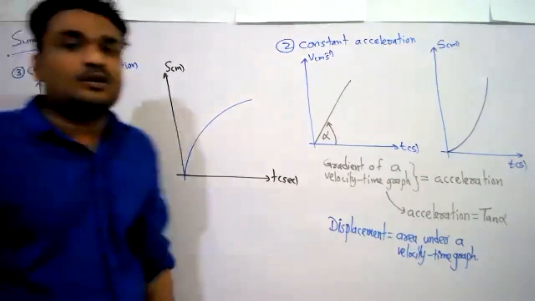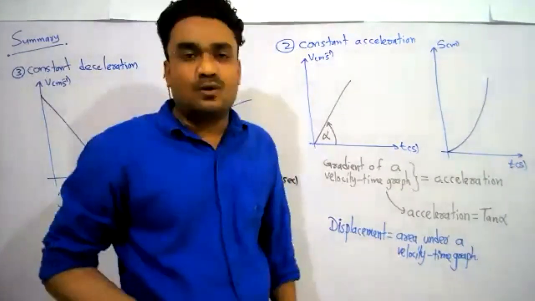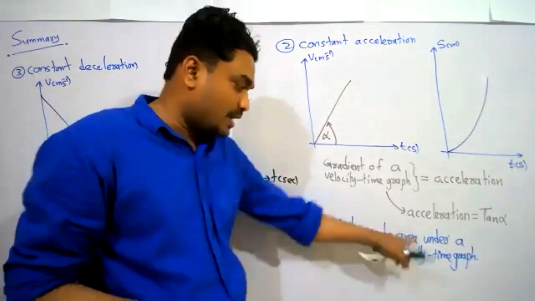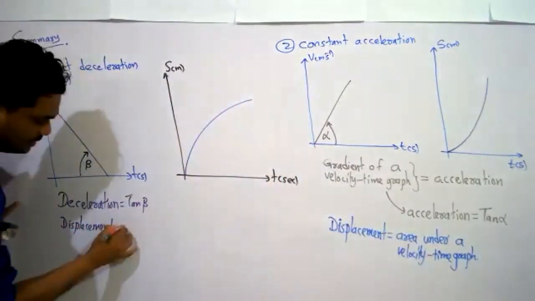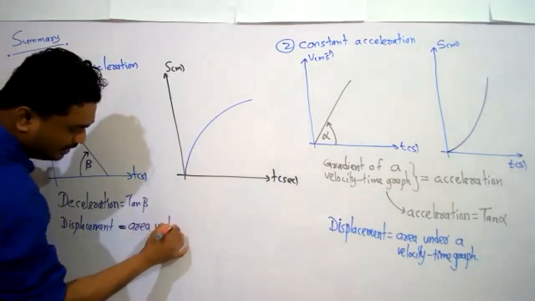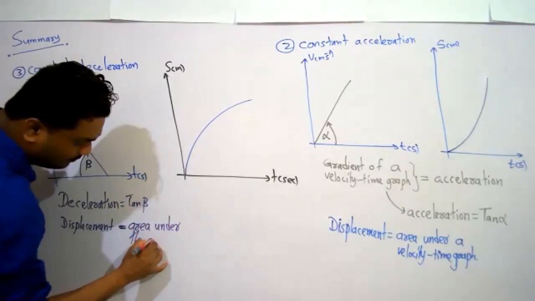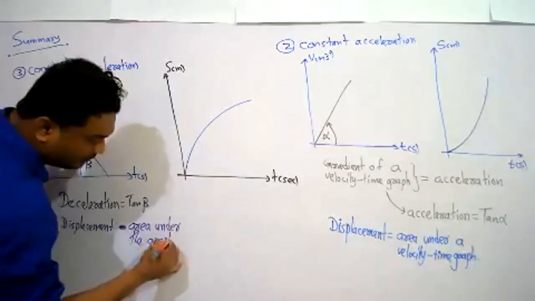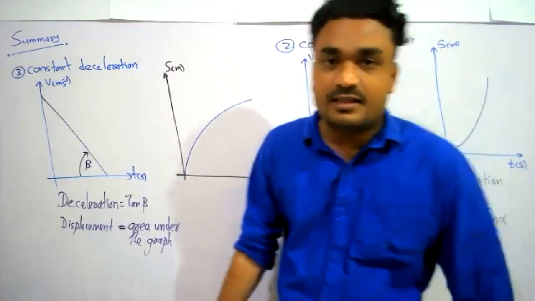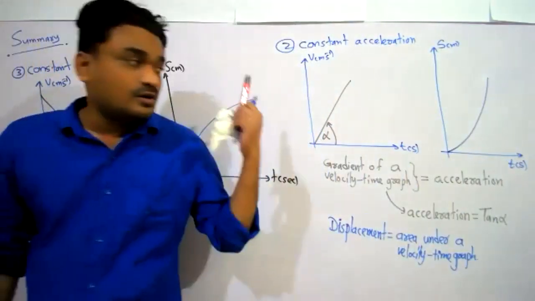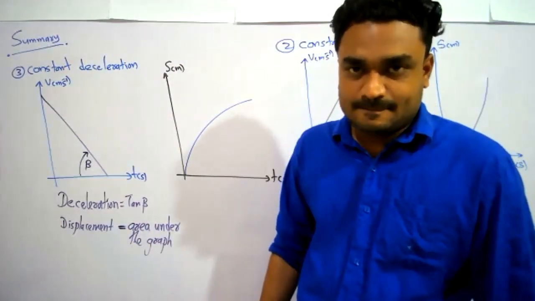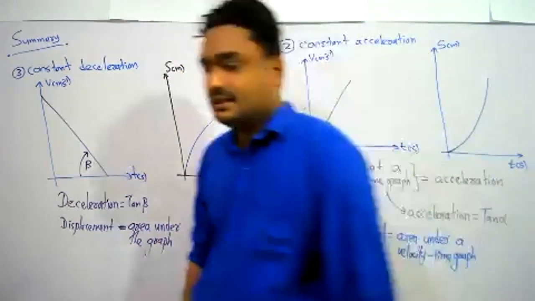Whether it is constant velocity, constant acceleration, or constant deceleration, whatever it is, displacement is always equal to area under the graph. Complete this here, quick. So this is the third set of the summary. We have drawn 6 graphs. We are going to use those 6 graphs to solve problems. Complete.